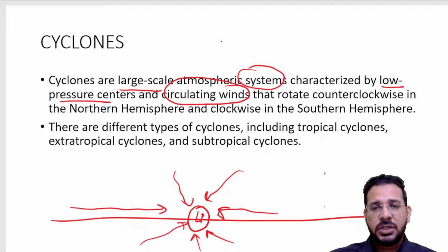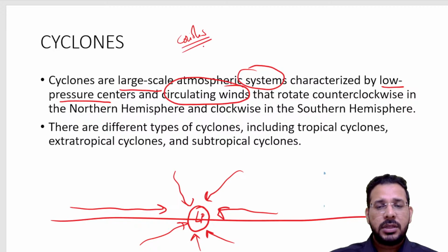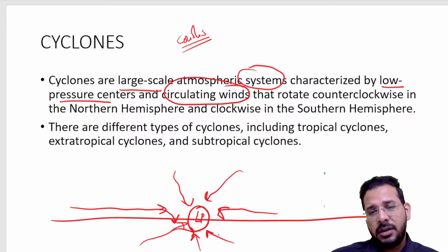And when winds are rushing towards that, we also know that Coriolis force has an impact on the moving winds. Now, because of Coriolis force, in the northern hemisphere, winds will deflect towards their right. So, imagine these winds are in the northern hemisphere, they will deflect towards their right.